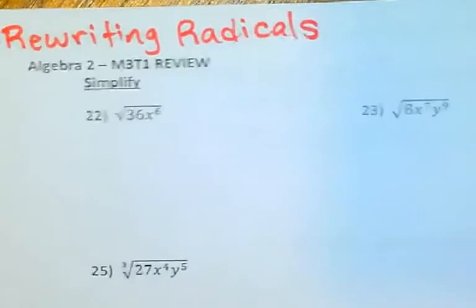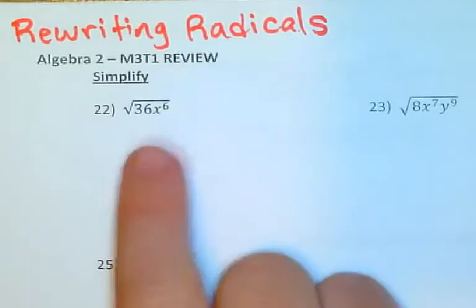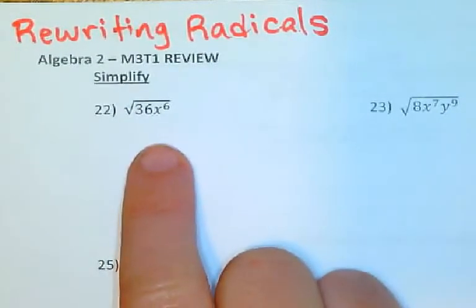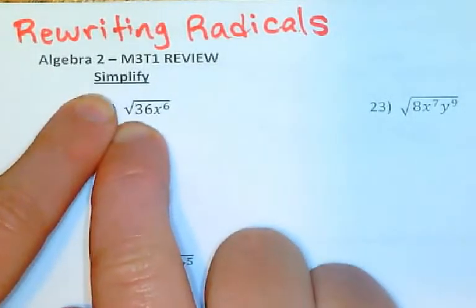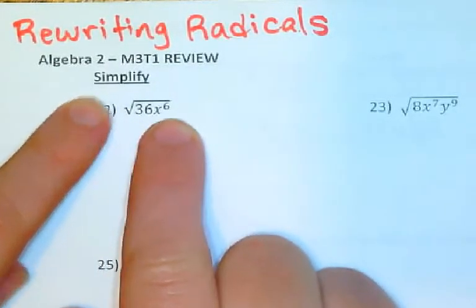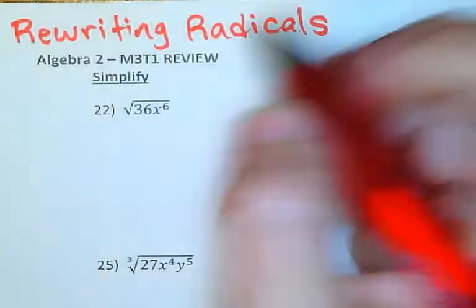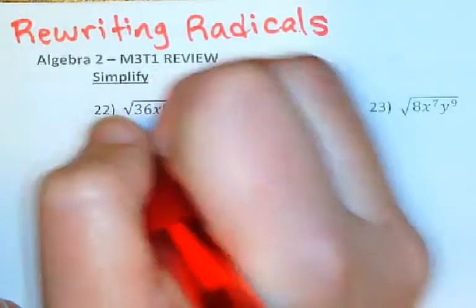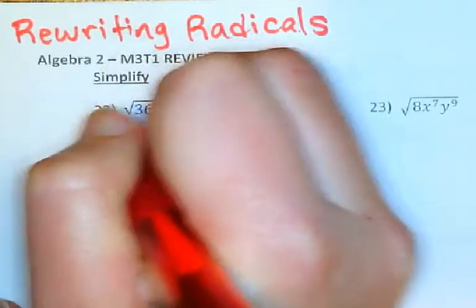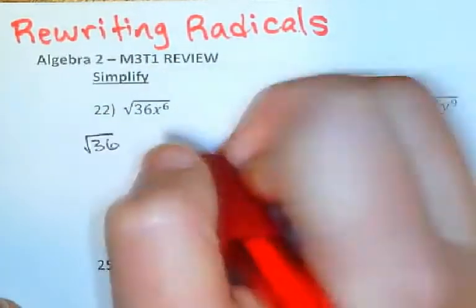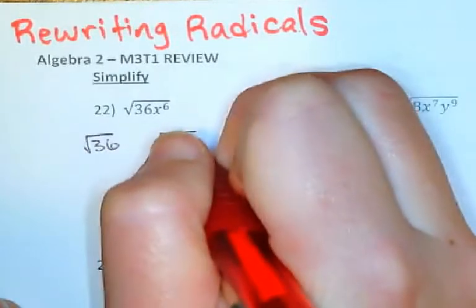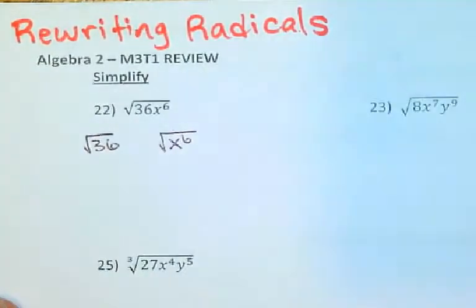Right here, when we're working on rewriting these radicals, we're going to start with this simple one. Square root, because there's no index here, the square root of 36 x to the 6th. Something that might help is if you separate it into the square root of 36 and the square root of x to the 6th.